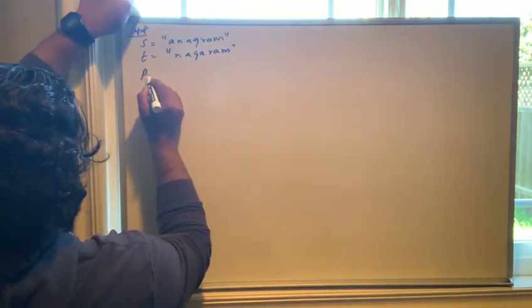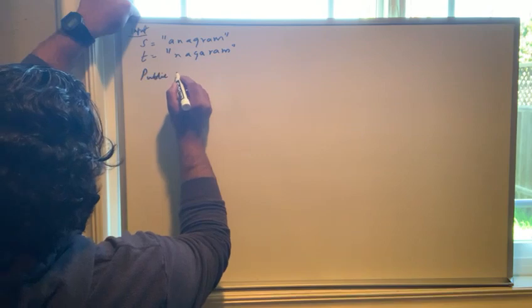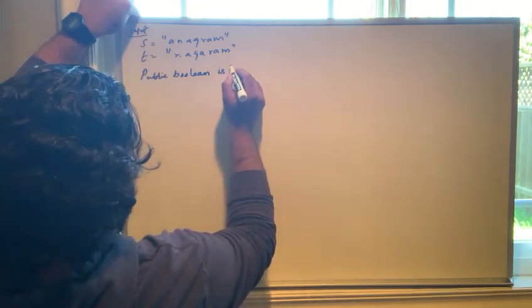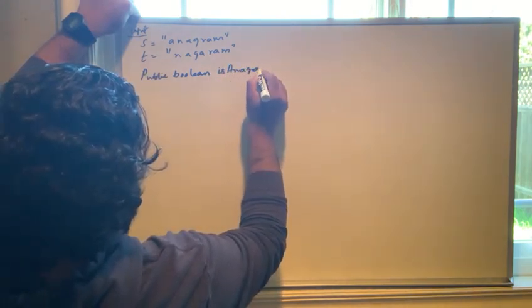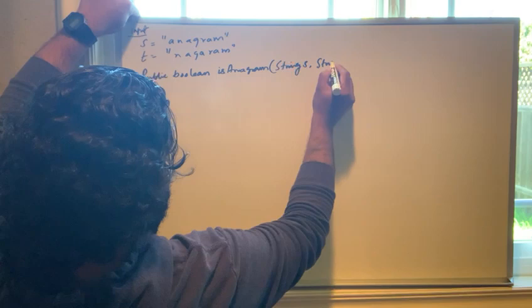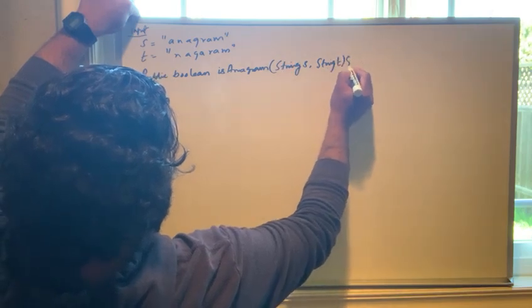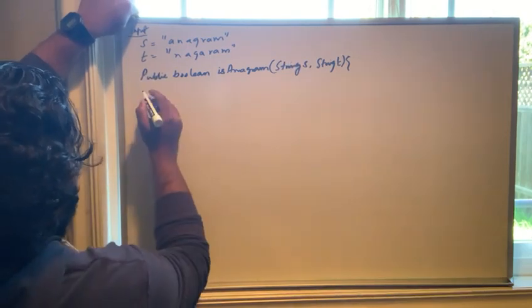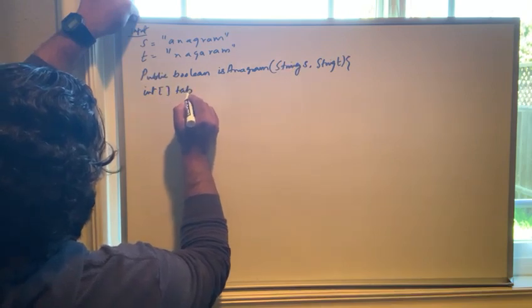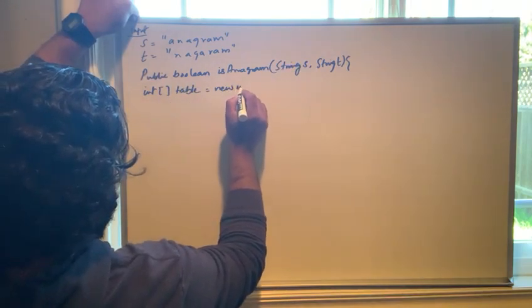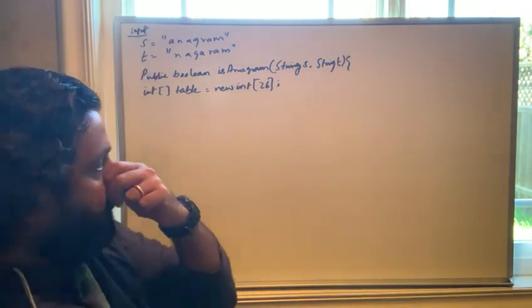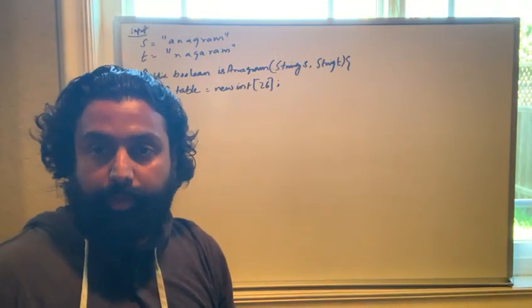And we'll define a public boolean isAnagram function which takes two strings, string S and string T. And we're going to declare an integer array called table equal to a new integer array with 26 characters, the size of the input array.